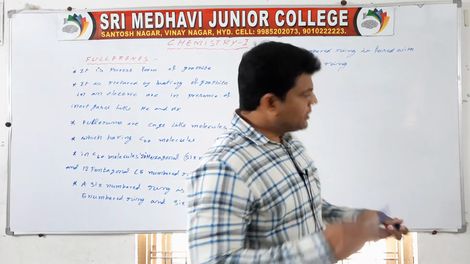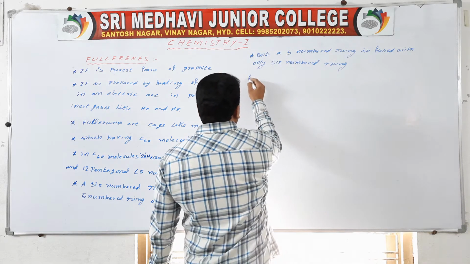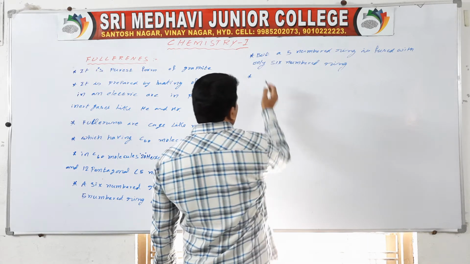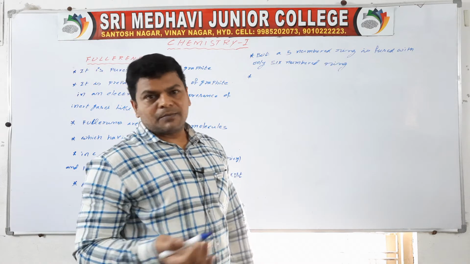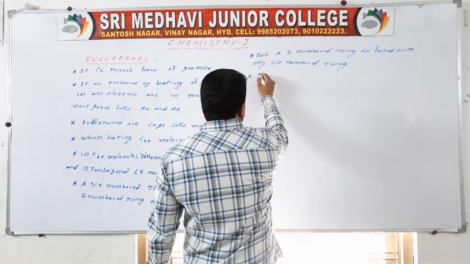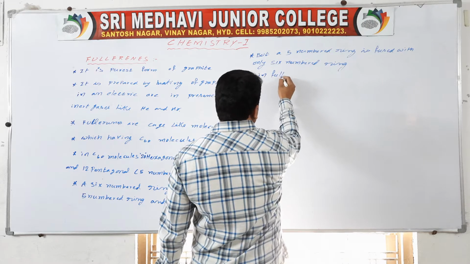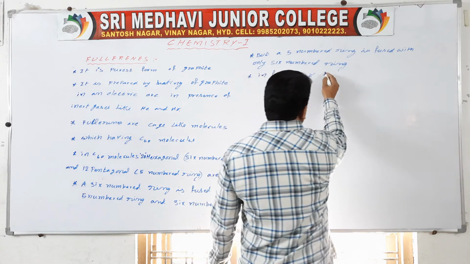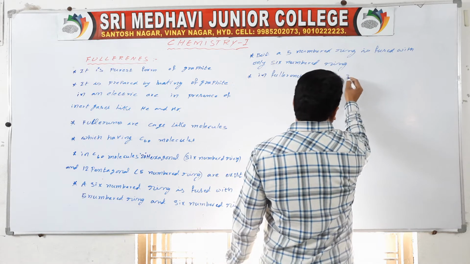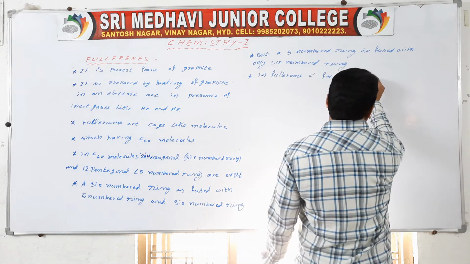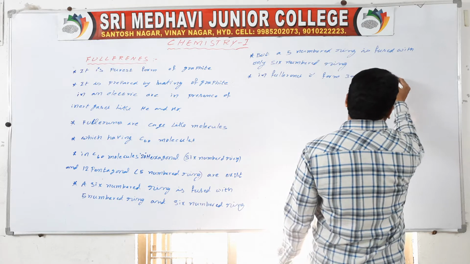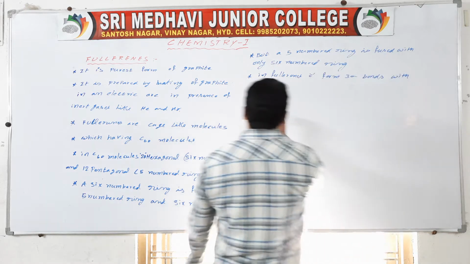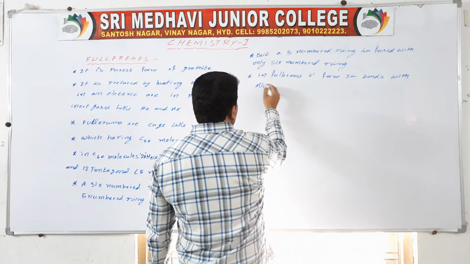Okay. So here in fullerenes, carbon forms 3 sigma bonds with other carbon atoms.